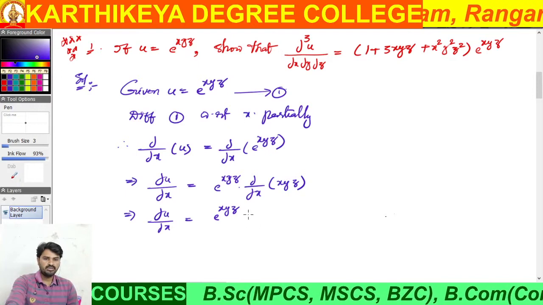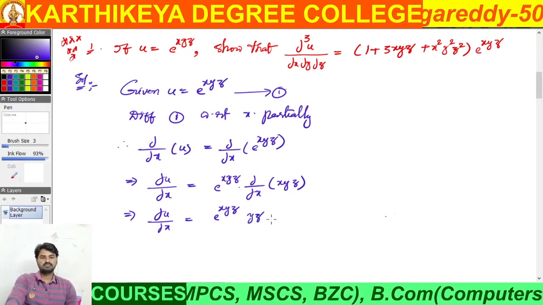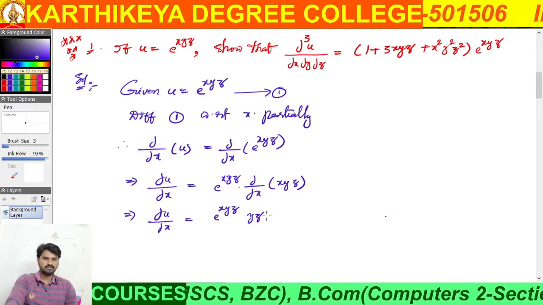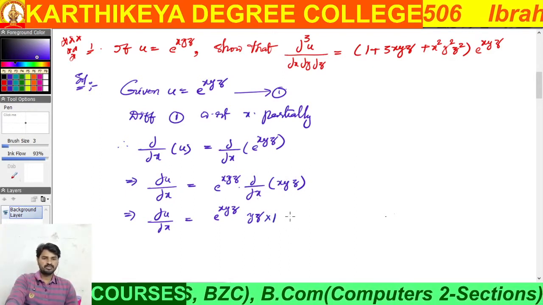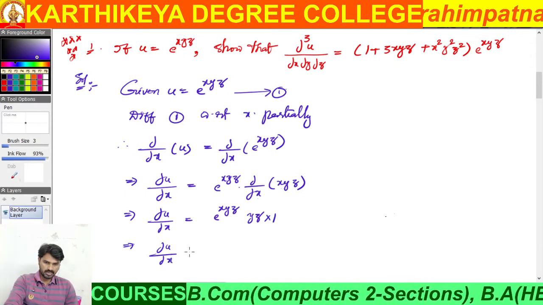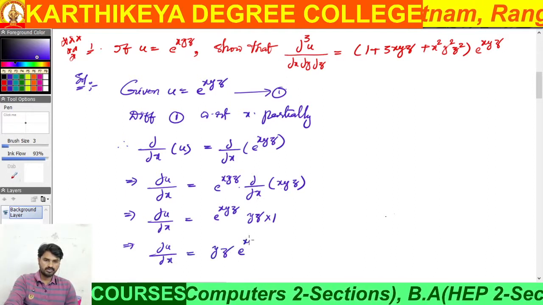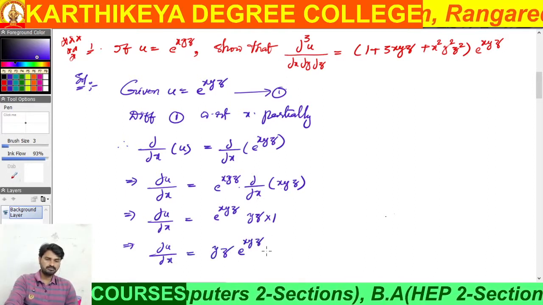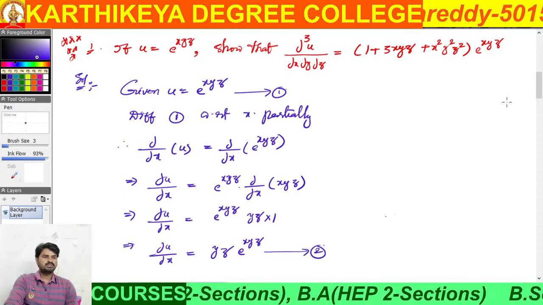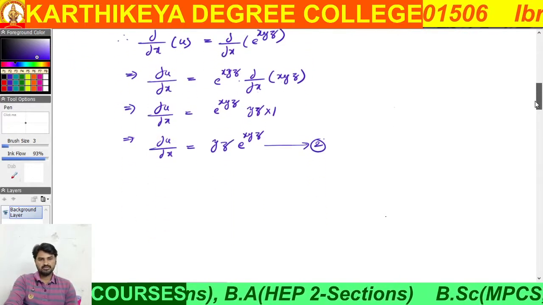That's why we write them as constants in front of the derivative. The derivative of x with respect to x is 1. So finally you get dou u by dou x is equal to yz into e to the power of xyz. Okay students, this is equation number 2. So here we have differentiated with respect to x.